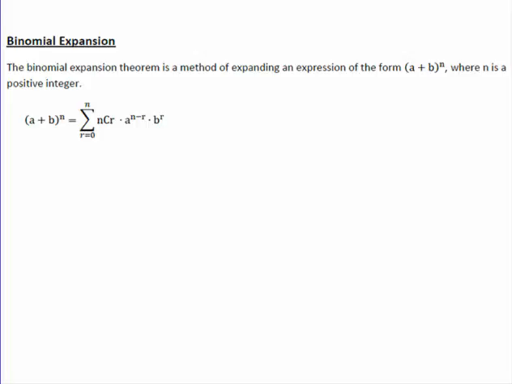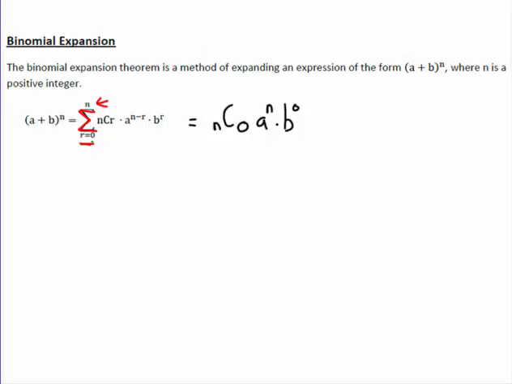Now, you may not have seen this summation notation before, and what this summation notation tells us is our r value is going to start at 0 and work its way up to whatever the n is.